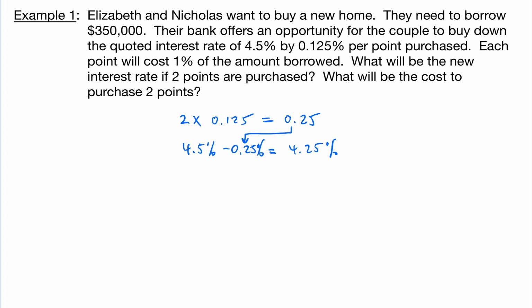So then what we're going to do is take 2% and multiply that by $350,000, and the cost of that works out to $7,000. Okay, so we've got 4.25%, and that'll cost $7,000 to bring the rate down by 0.25%.